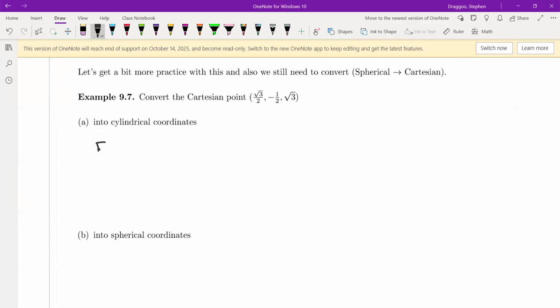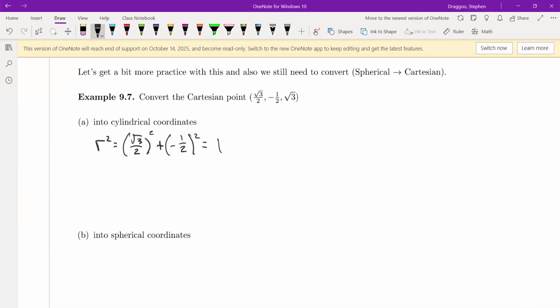So starting with figuring out r, I'm going to go to my equation. That's r squared is equal to root 3 over 2 squared plus negative 1/2, also squared. And adding those up, I think I get 1. 3 over 4 plus 1 over 4 is 1.